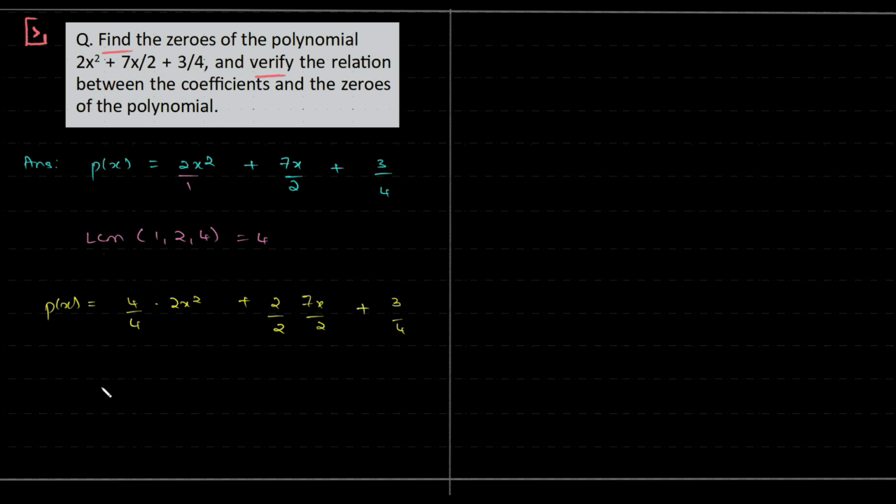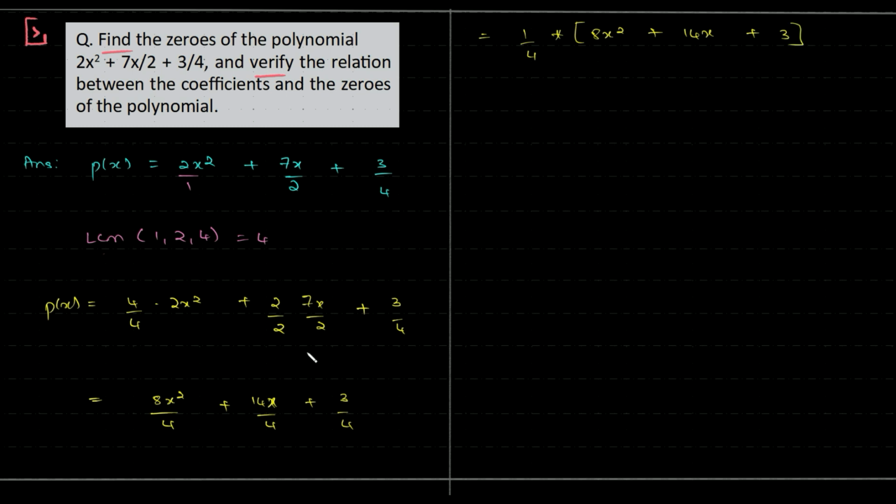Don't worry, I'll make you understand. Just give me a second. 8x square by 4 plus this is 14x by 4 plus 3 by 4. Can I take 4 common? I can write 1/4 of 8x square plus 14x plus 3.